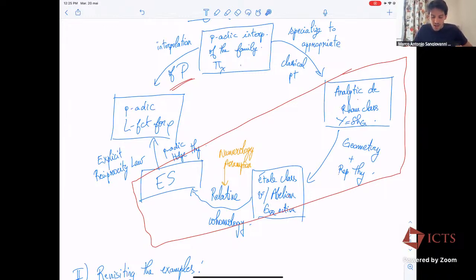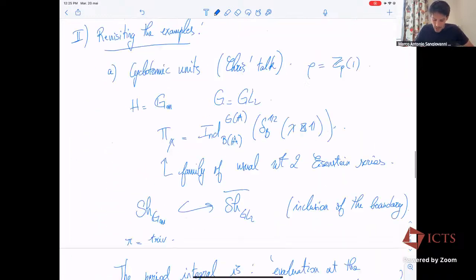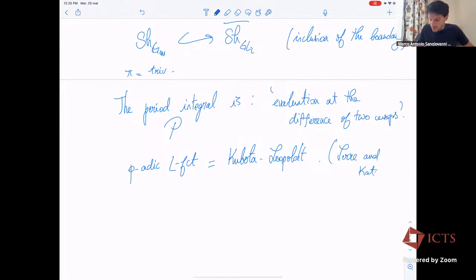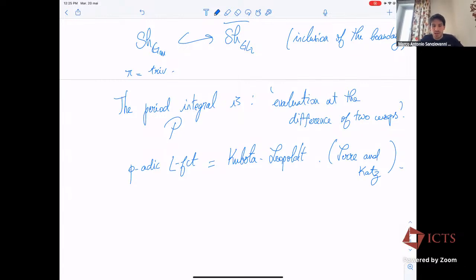This is Serre's construction of the p-adic L-function, which is the Kubota-Leopoldt p-adic L-function, with the construction by Serre and Katz. Okay, so this was the baby case.